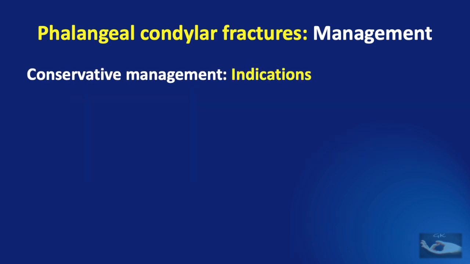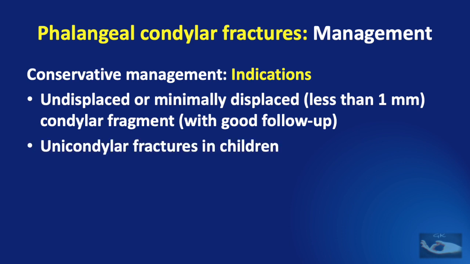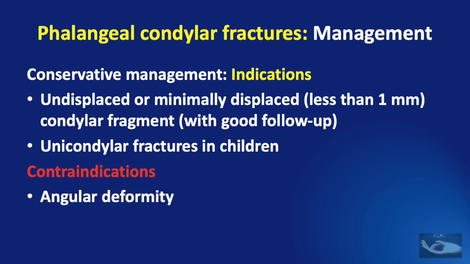So we can safely conclude that the indications for conservative management are undisplaced or minimally displaced, that is less than 1 mm condylar fragment, of course with a good follow-up. Unicondylar fractures in children can also be treated conservatively since the capacity for remodeling is much better in children, whereas if there is angular deformity or joint subluxation, conservative management should not be undertaken.